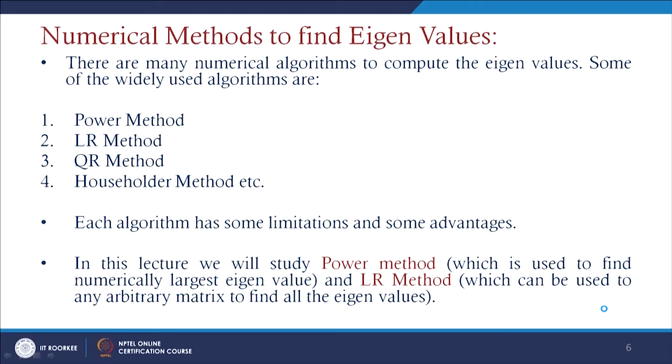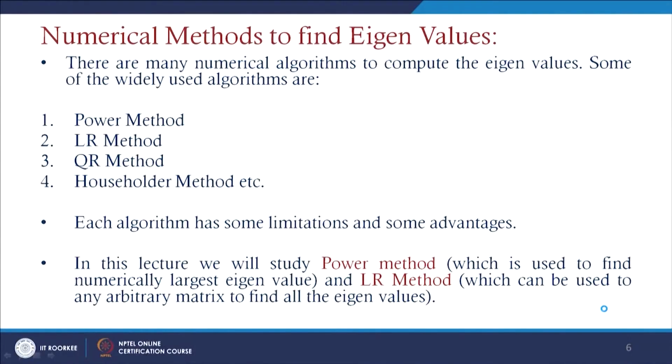In this lecture we will go for the power method and the LR method, which are used to find eigenvalues. The power method is used for the largest eigenvalue of a matrix A, or we can say the smallest eigenvalue of the matrix A inverse, and the LR method can be applied to any arbitrary matrix to find all the eigenvalues.